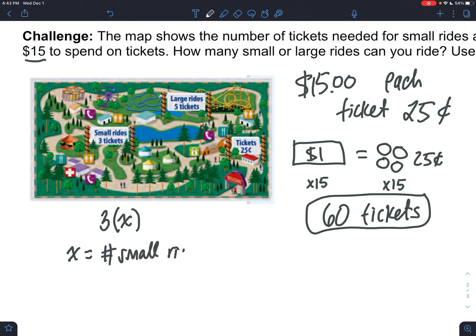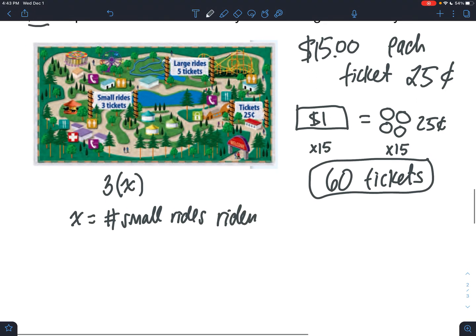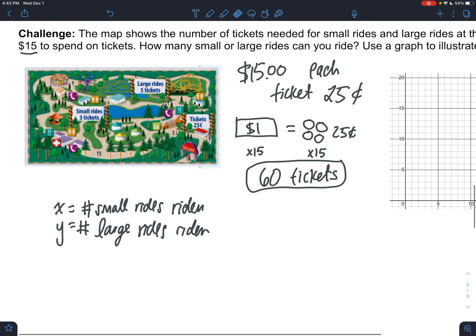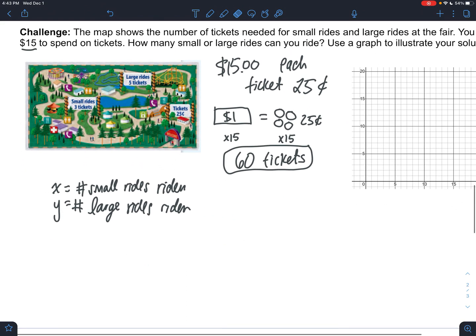So x is going to be the number of small rides ridden, and we're going to call y the number of large rides ridden. So we need to come up with some sort of equation, and in this case it's actually going to be an inequality. I'll show you why. Involving this x and y, and this 3 and this 5 tickets.